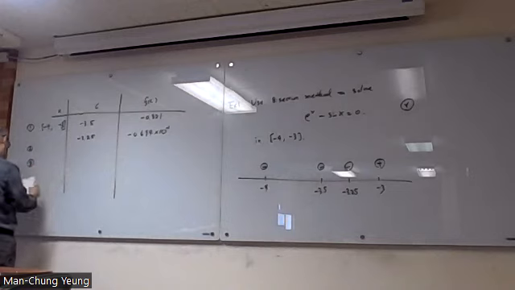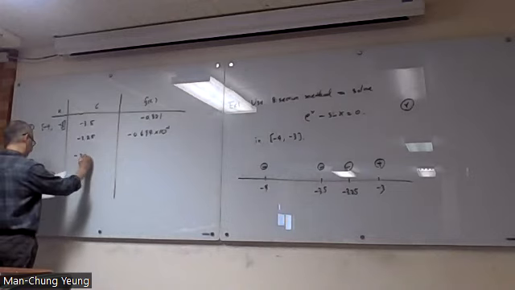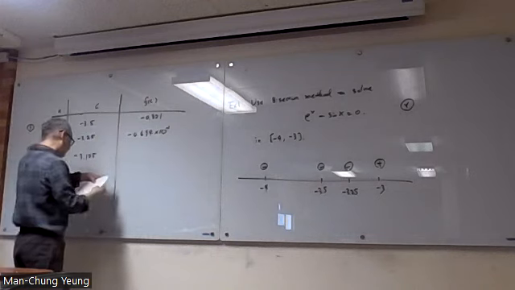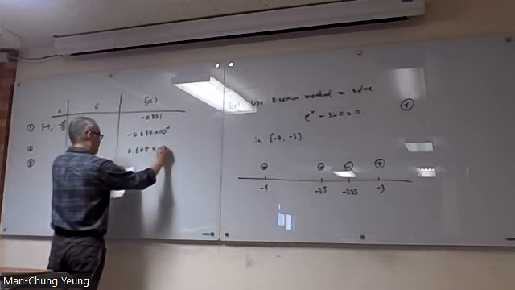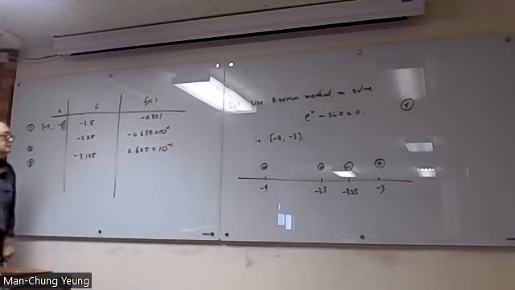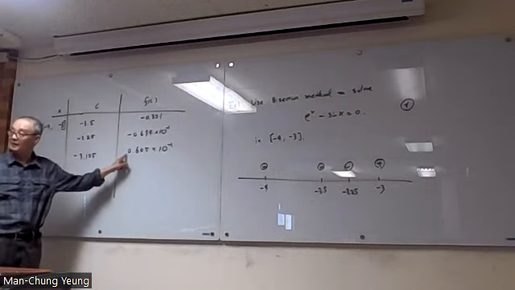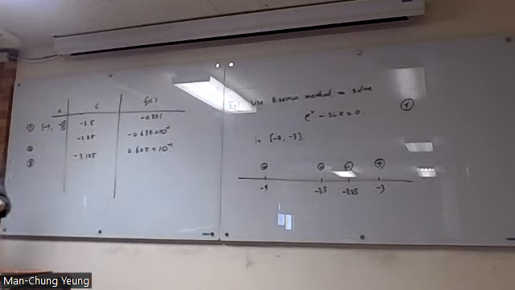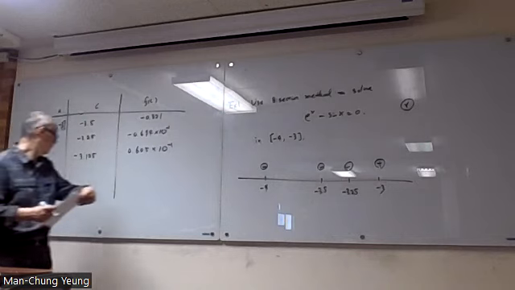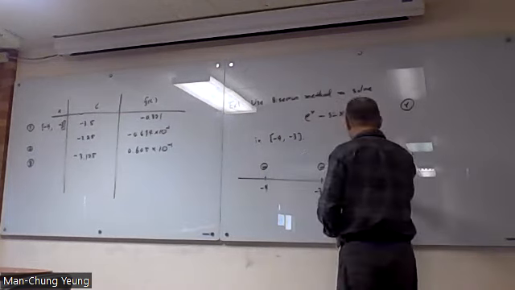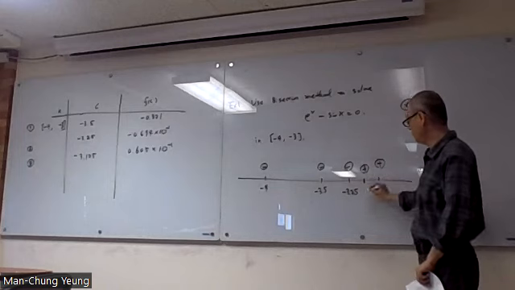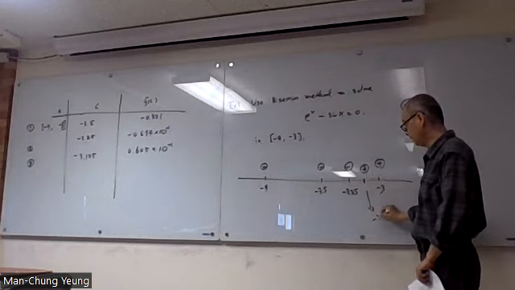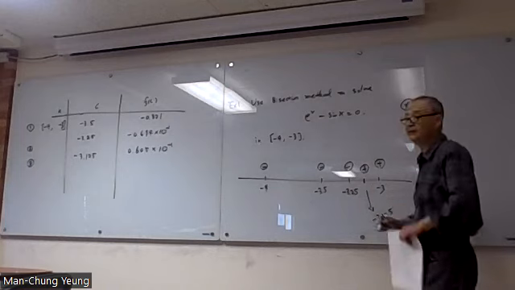Function value at the midpoint. Function value is decreasing, but very slowly. Very slowly. Positive at this midpoint is negative 3.125.